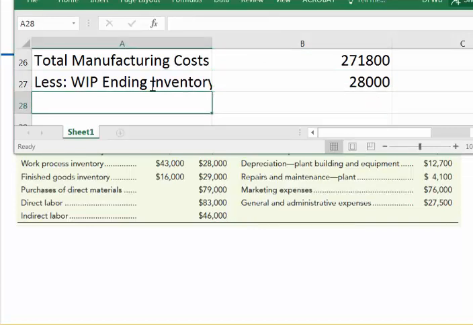So the difference tells you the cost of goods manufactured and transferred.